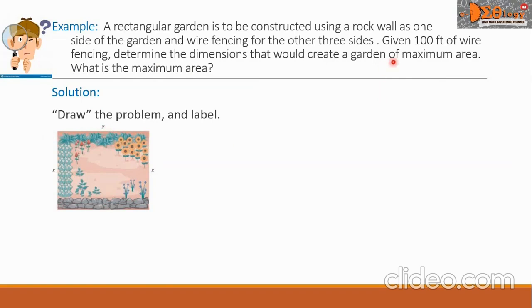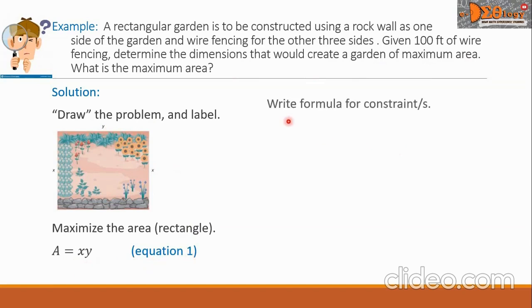Based on the problem, we want to get the dimensions of maximum area. So let us maximize the area of the rectangle. Our formula for the area of a rectangle is length times width. Considering the variables here, we write A equals x times y. We regard this now as equation 1.